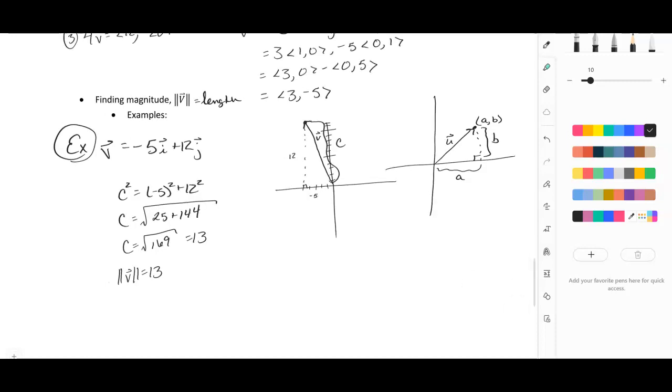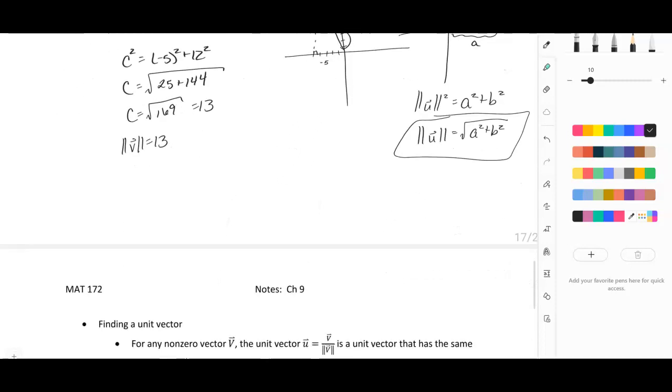So we would say the length of this side squared, well, that would be the magnitude squared, is equal to a squared plus b squared. So if I want to get magnitude by itself, I would take the square root. So there's our formula for finding the magnitude of any vector.